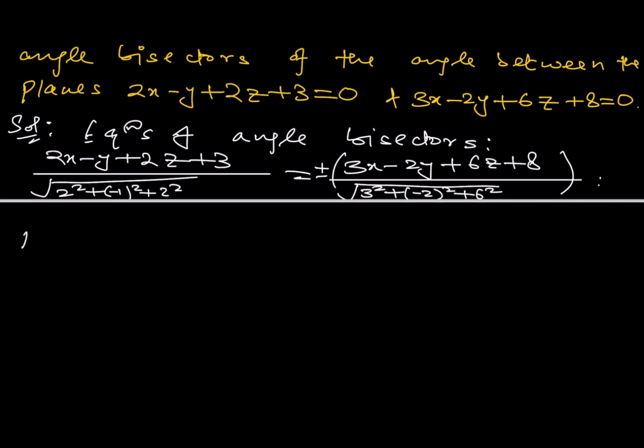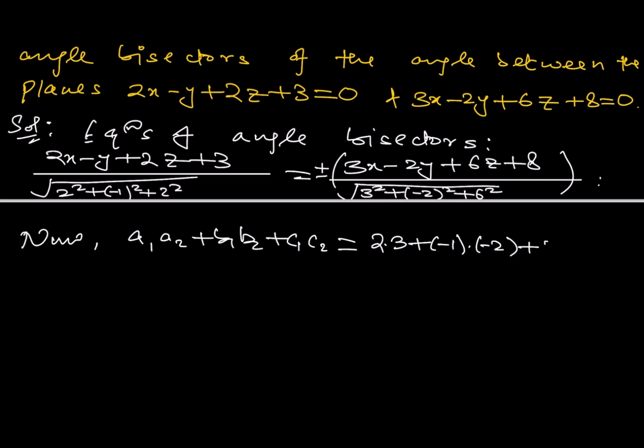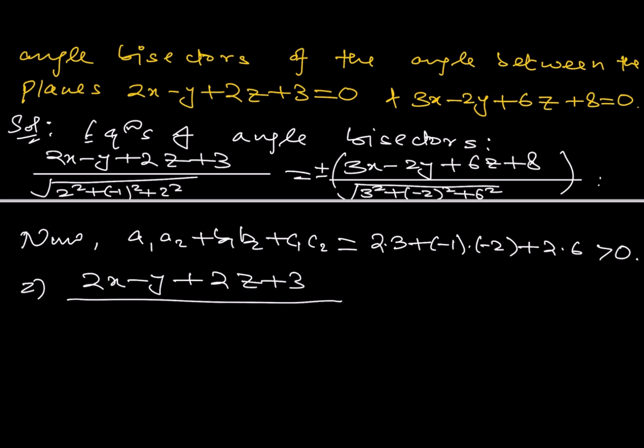Now we will check A1A2 plus B1B2 plus C1C2, which is 2 into 3 plus minus 1 into minus 2 plus 2 into 6, which is of course positive. It means (2x minus y plus 2z plus 3) upon root over 2 square plus minus 1 square plus 2 square, which is 3, is equal to plus, because we need to take the plus sign for the obtuse angle.